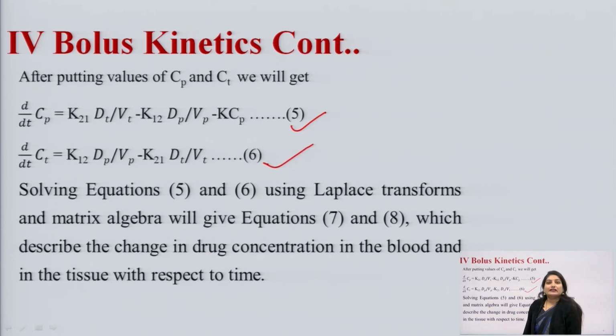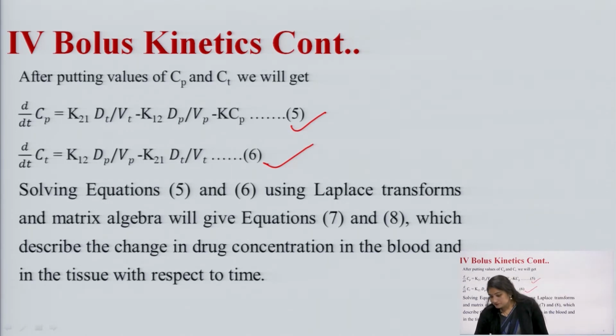Okay. So, in equation number 5, what we are getting is d by dt of Cp is equal to K21 into dt upon Vt minus K12 dP upon Vp minus KCp. Okay. So, why have we written it like this?